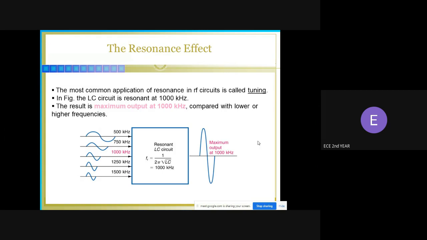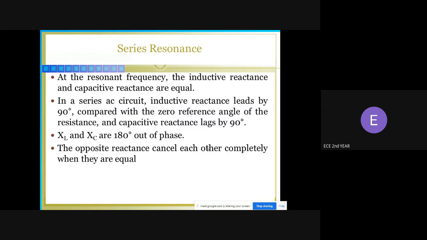The inductor and capacitor both are variable, so we can change their values, and by changing them we get the required frequency as output. This is the main application of the resonance circuit. Mostly in communication, the resonance circuit plays a vital role in getting the exact frequency and in tuning applications. Now we are going to discuss series resonance.